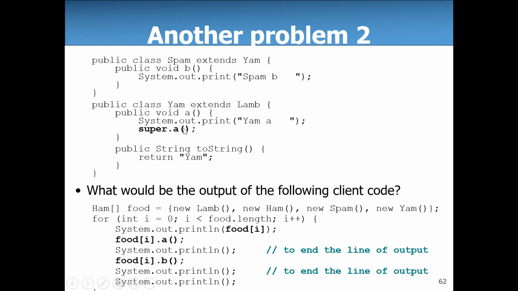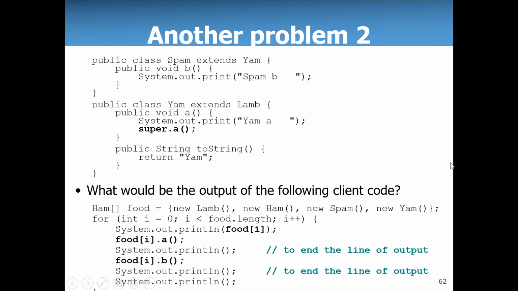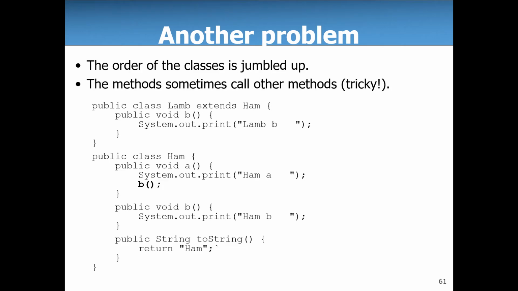Then for its a method, it says, okay, I'm going to print out yam A, and then I'm going to call my parent's A method. Well, my parent is lamb. He doesn't have an A method, so we're going to call ham. So we're going to print out ham A, and then we're going to call our B method. Does yam have a B method? No, it does not. Does my parent lamb have a B method? Yes, it does.